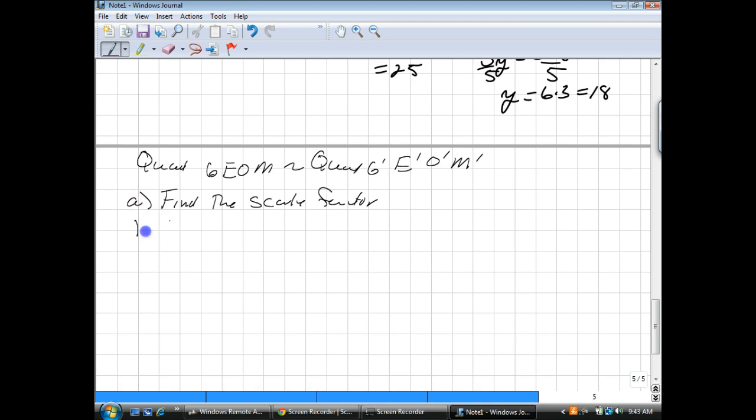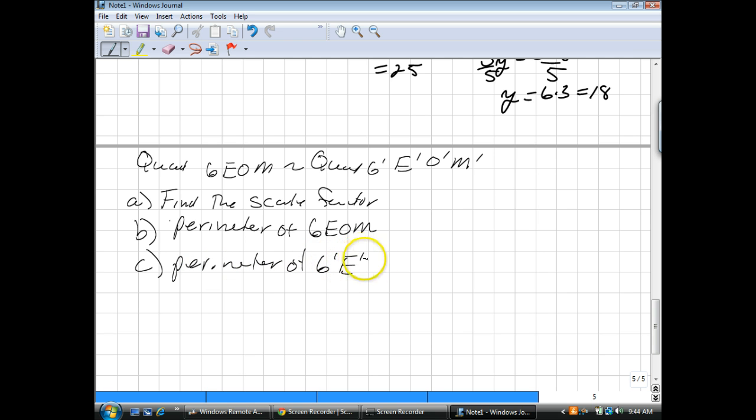So A, the scale factor, B, perimeter of GEOM, and C, perimeter of G prime, E prime, O prime, M prime. And here are pictures.